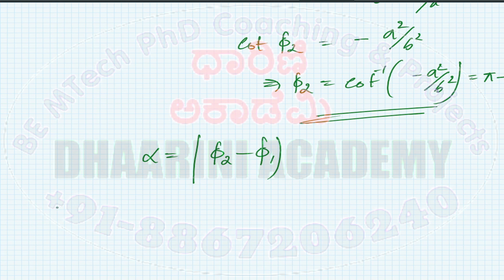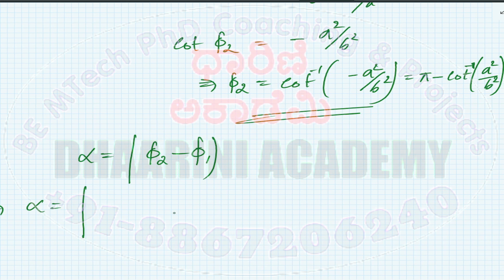So this implies now alpha is equal to magnitude. What is phi 2? If you look at the phi 2 and phi 1 value, so this is how it looks like. So alpha is equal to phi 2, let's substitute, that is pi minus cot inverse a square by b square, minus phi 1.